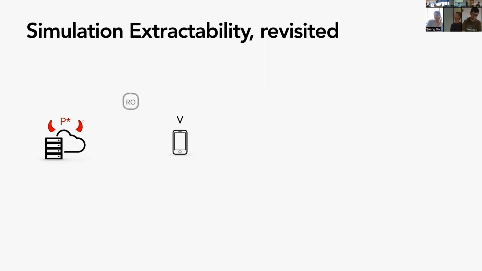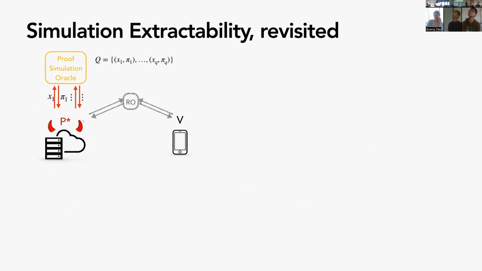So next, let's revisit the definition of simulation extractability. Here we have a potentially malicious prover and a verifier. They both have access to the random oracle, and the prover also has access to a proof simulation oracle. Now, this prover can query it on arbitrary statements that it likes, and it gets back simulated proofs. Q will be the set of all simulated proofs.